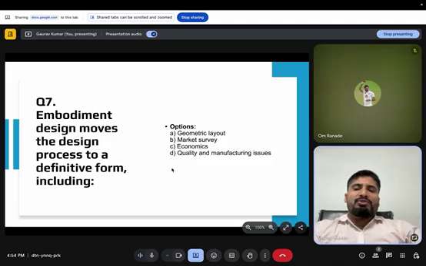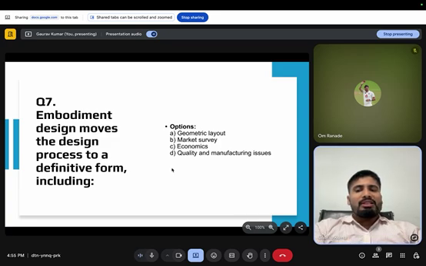Okay, so option B, market survey, is unrelated to embodiment design, as it pertains to market research during the opportunity or marketing phase. So therefore the other three options correctly capture the core dimensions of embodiment design.